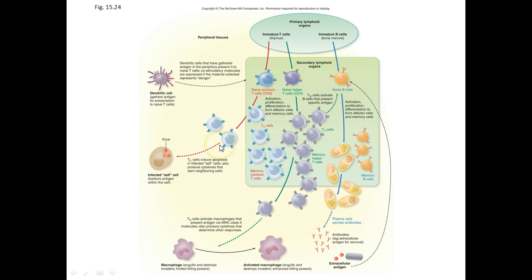But this may be because of virus-infected cells somewhere else. These cells also leave the area of the lymph organ or tissue and go out to the areas where they're going to do their job, in this case killing defective cells infected with bacteria, virus, or cancerous, whatever it is that's triggering them to destroy them.